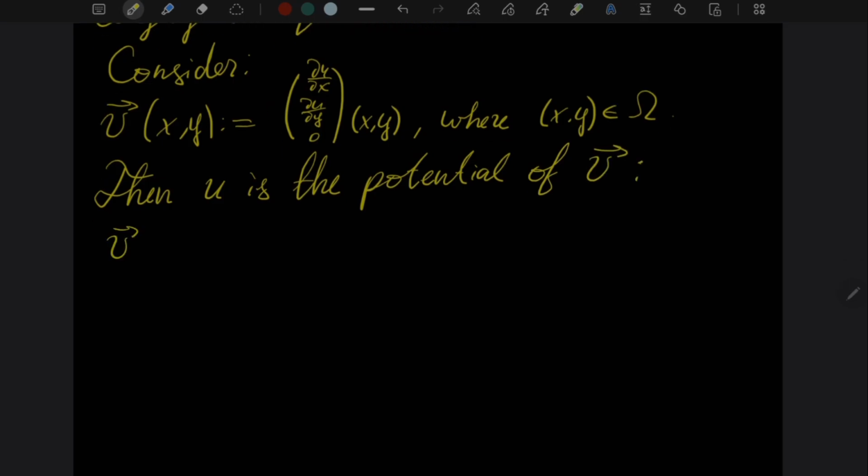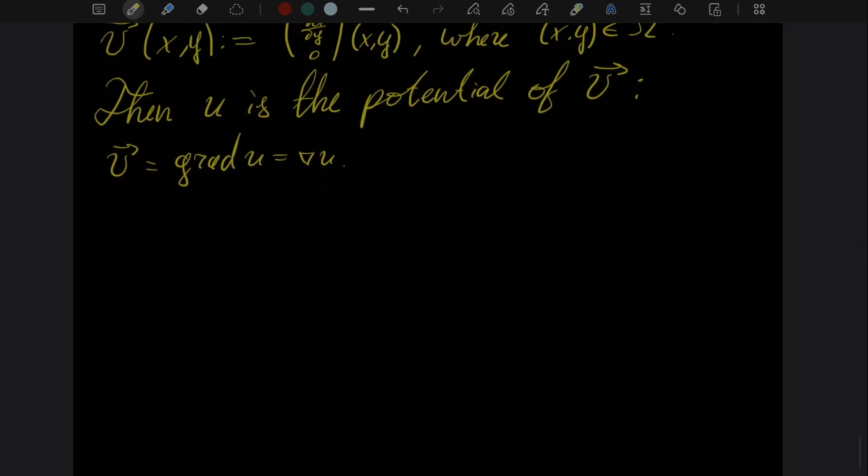In other words, V is the gradient of U. And of course we may use our favorite nabla notation.